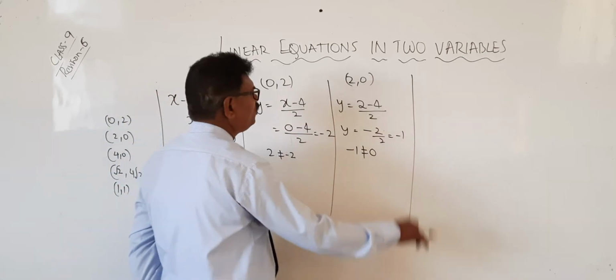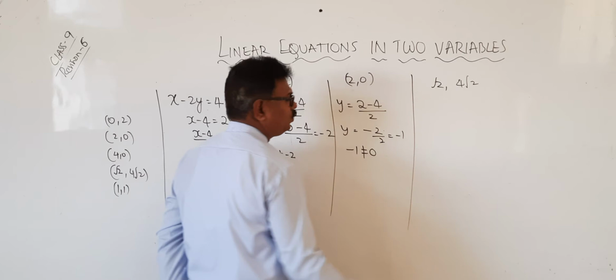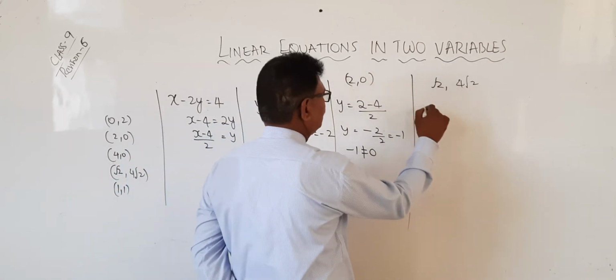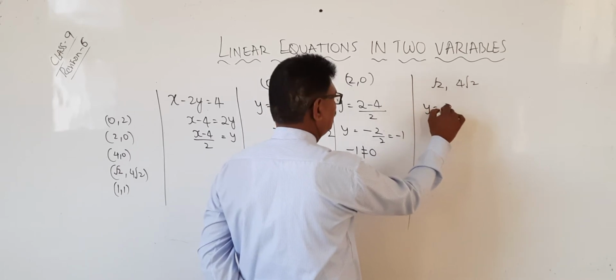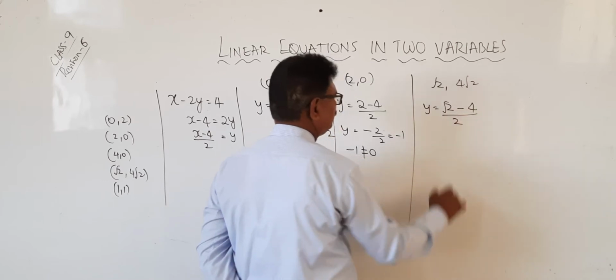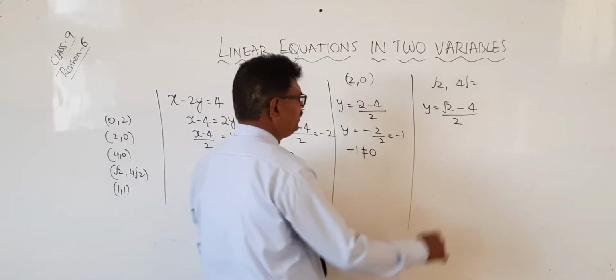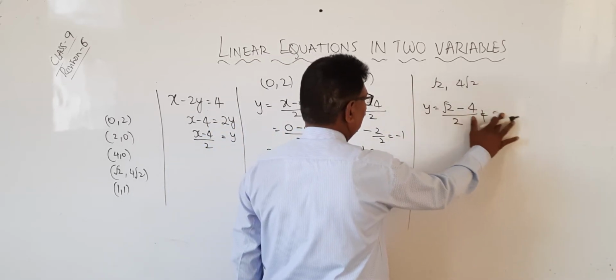Next one is (root 2, 4 root 2). Very simple. Now see, y equal to (root 2 minus 4) divided by 2, which is not equal to 4 root 2.